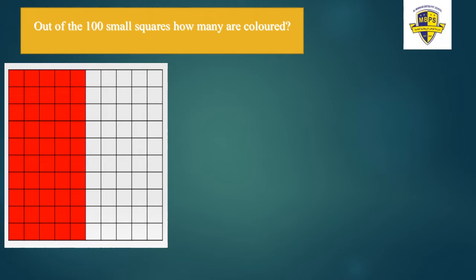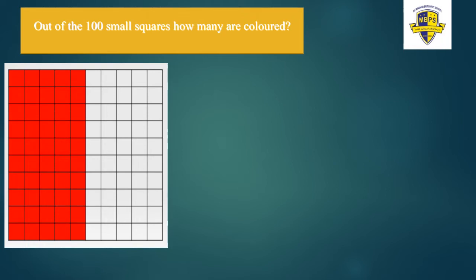Let's look at this example. Here we have a big square and we divide it into 100 equal squares. If we look at the shaded part, the red one, we find that half of the 100 squares are red.